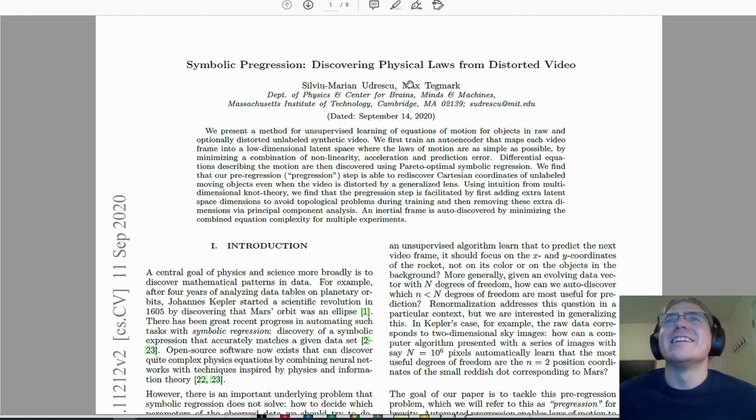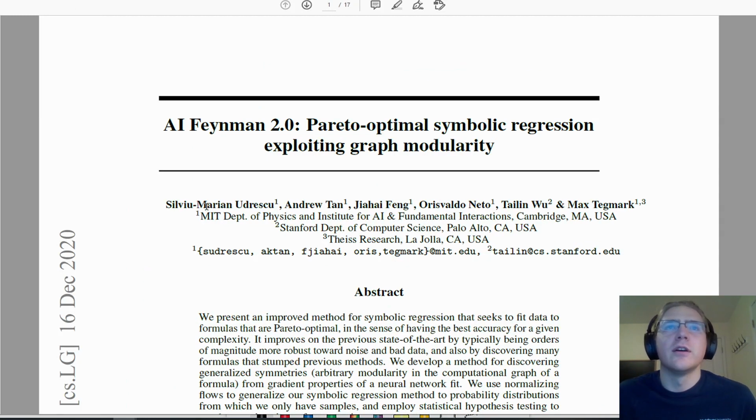So that's, I think, this whole series of papers with this guy and Max Tegmark, because Silvio was also on the AI Feynman 2.0 paper. He's first author on that, actually.